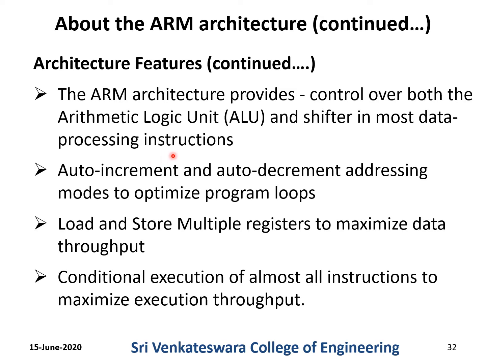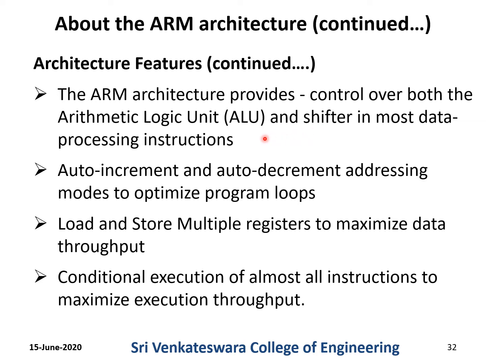In continuation to ARM features, the ARM architecture provides control over both the arithmetic logic unit and shifter in most of the data processing instructions. That is, the instructions can instruct the ALU to perform a particular operation, or it can also instruct the shifter to shift a certain number of times.